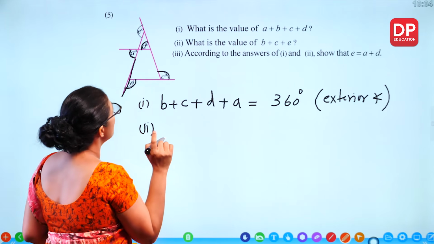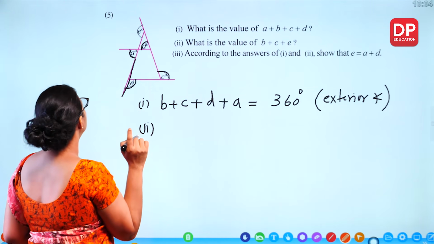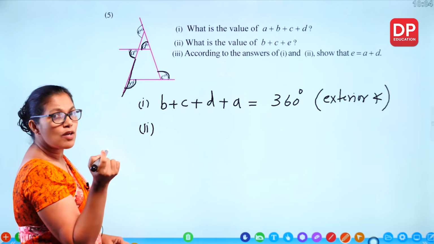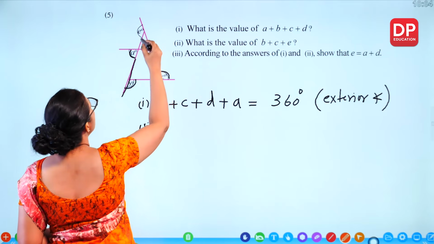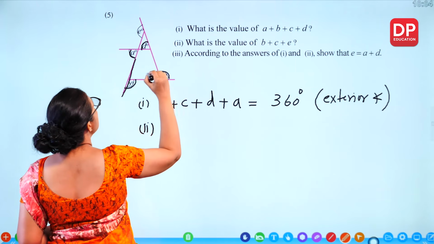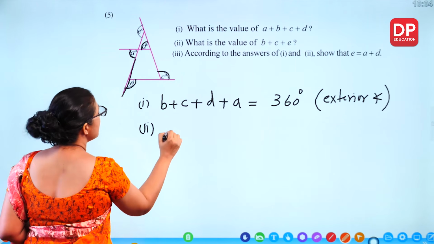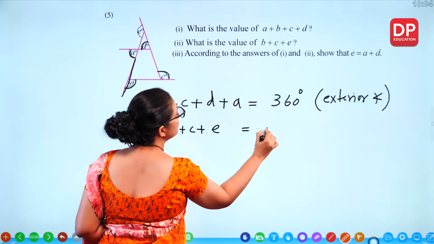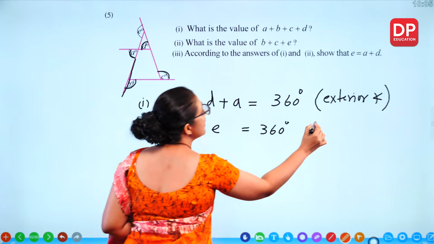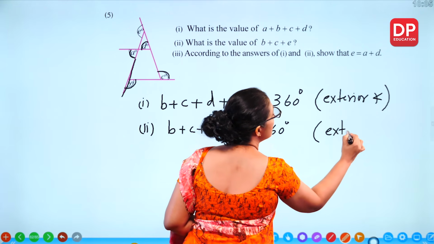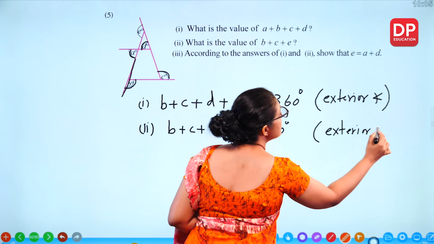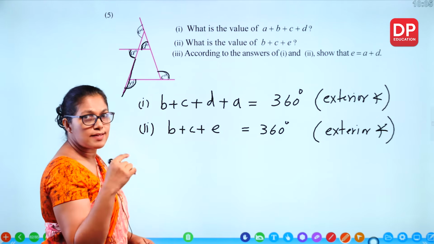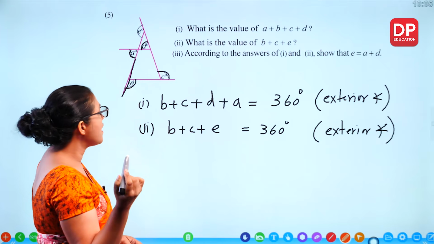Second one. What is the value of B plus C plus E? When you take the triangle B plus C plus E, that's also 360. Exterior angles of a triangle. But in any polygon, the sum of exterior angles add up to 360.